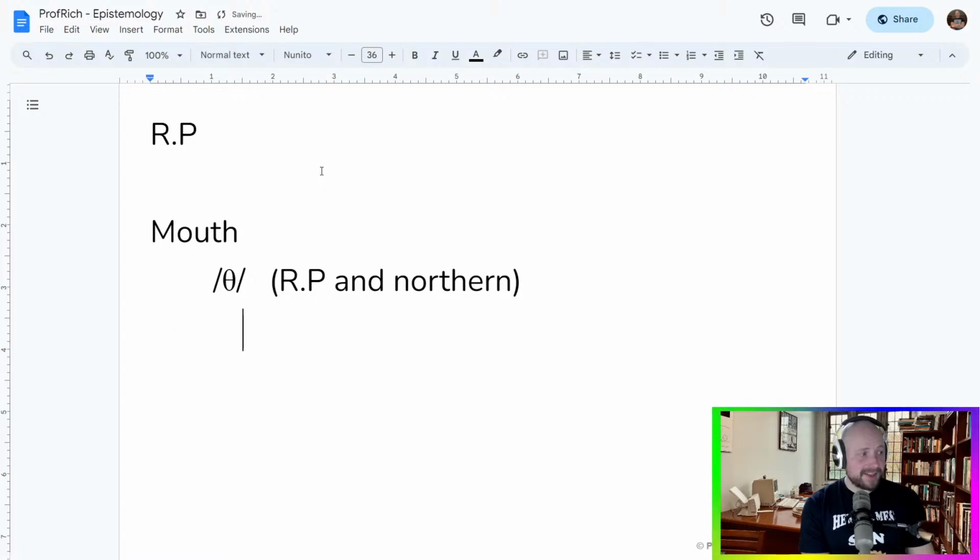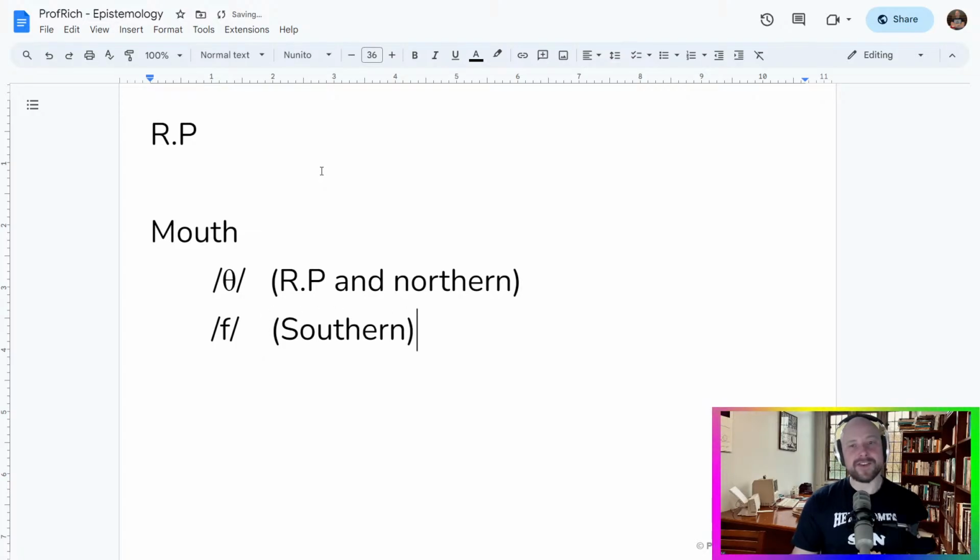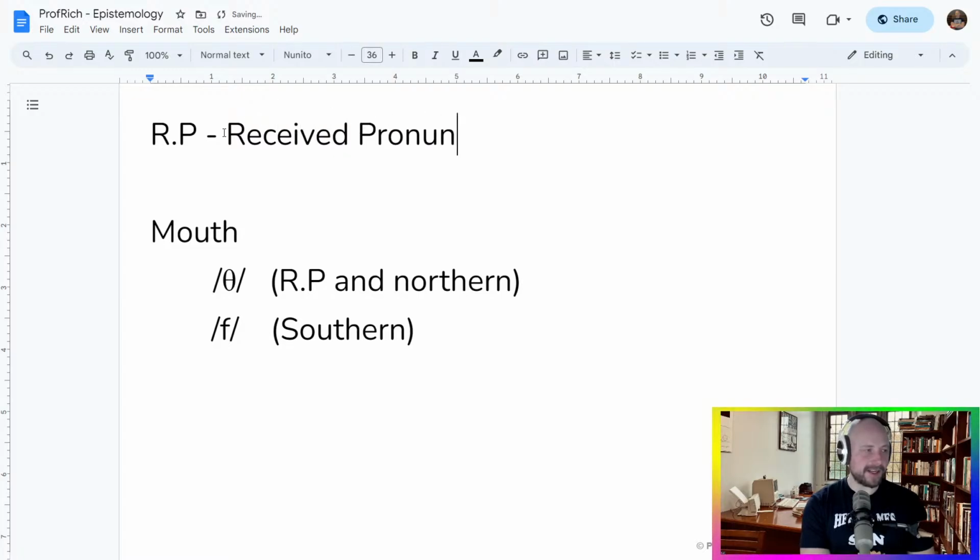However, in general Southern English, they say math. Math. So that's an example when Southern English is not in line with RP. So it's a little bit more complicated than that. But anyway, RP is the standard, and it means received pronunciation.